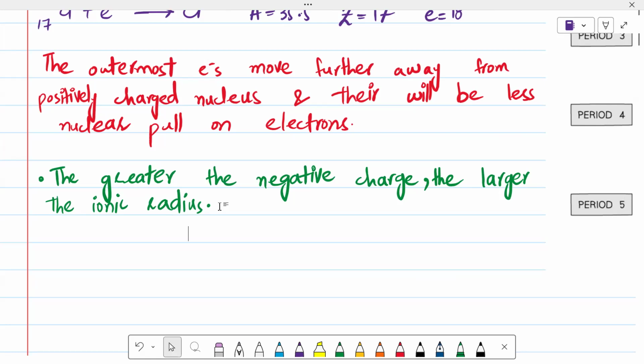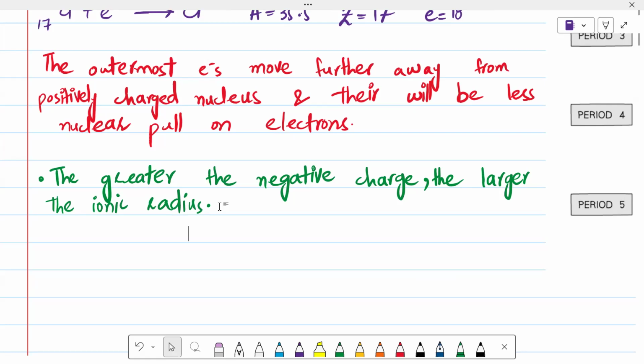Then when there is repulsion, what will happen? It will lead to the electrons being pushed further apart.